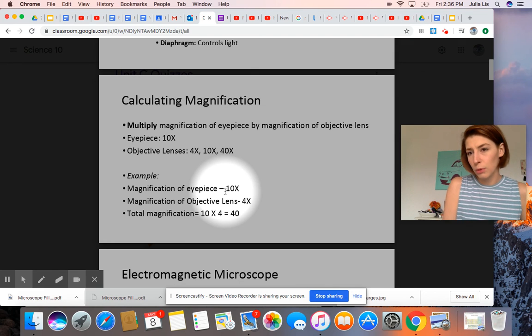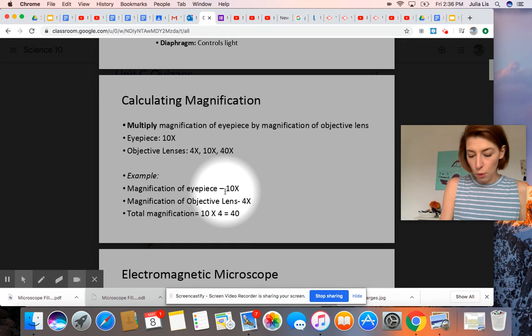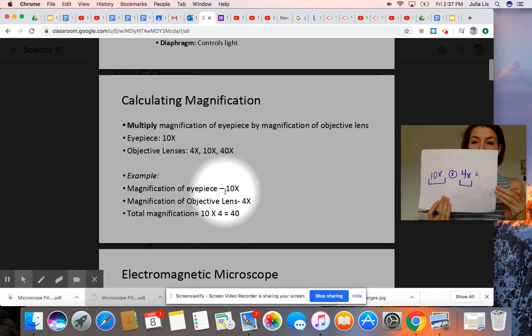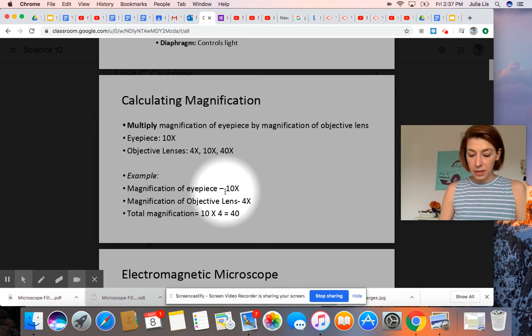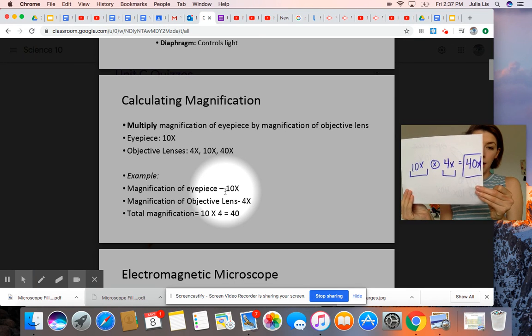You always start from lowest magnification and then get higher. So if we use the 4 times objective lens, we're going to take 10, multiply that by 4, and so then your overall magnification of what you see and what you're looking at is going to be 40 times the magnification. Okay?